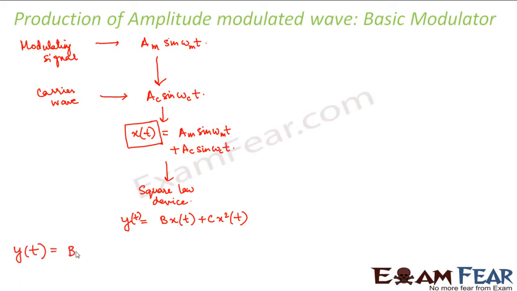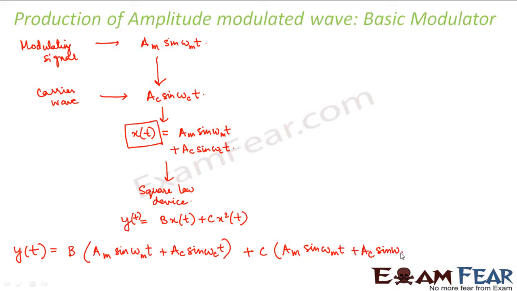y of t will be equal to b into x of t, that is Am sine omega m t plus Ac sine omega c t, plus c into x squared, that is Am sine omega m t plus Ac sine omega c t whole square. Now let us solve this equation.